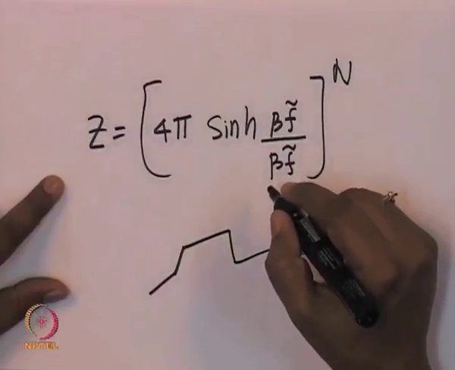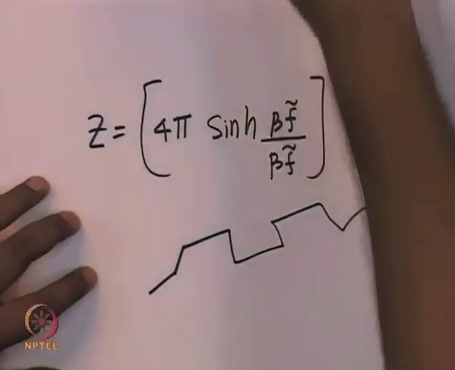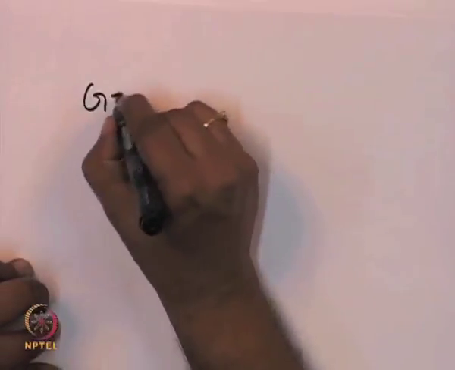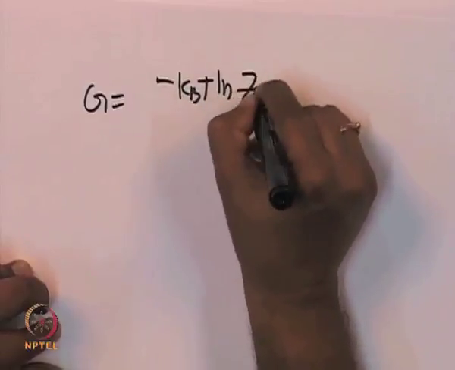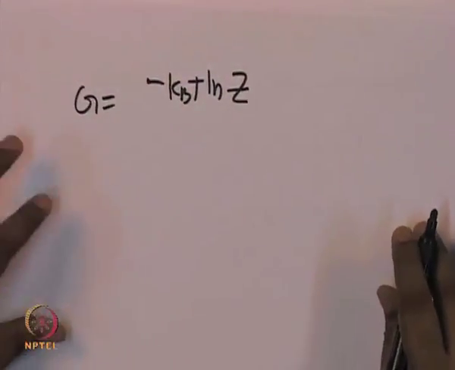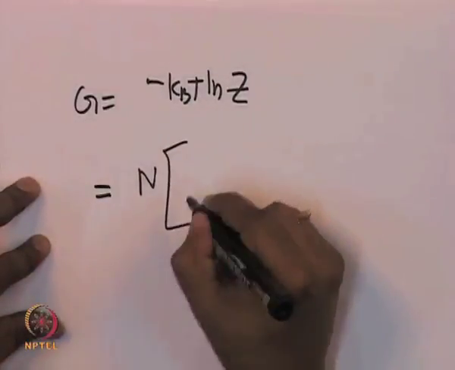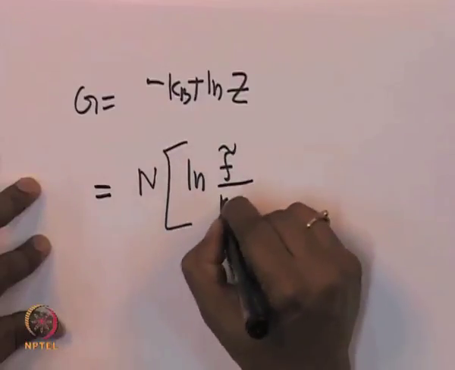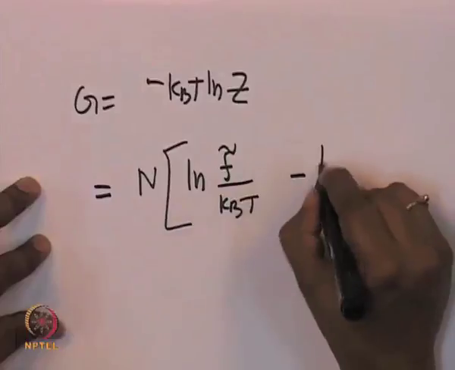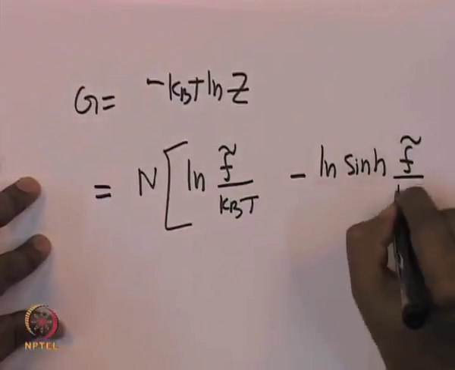So, what would this give? This is your partition function, and what do we need? What we need is the free energy, which is minus kBT log Z. If you do this properly, the free energy will be N times [log of f tilde by kBT minus log sinh of f tilde by kBT].